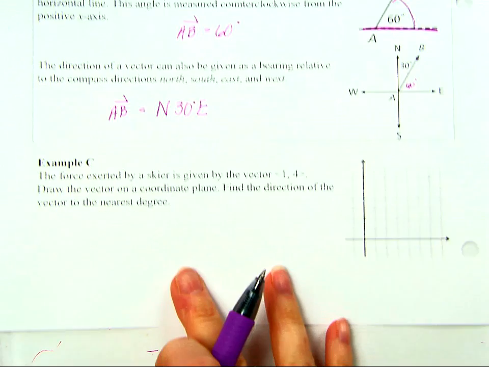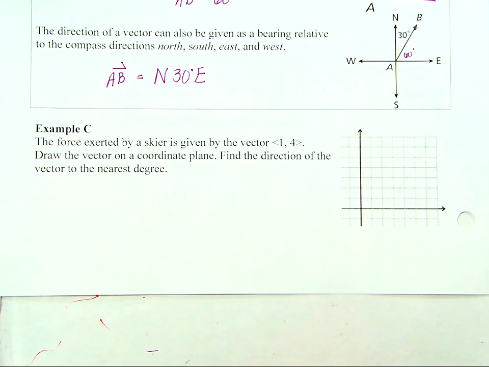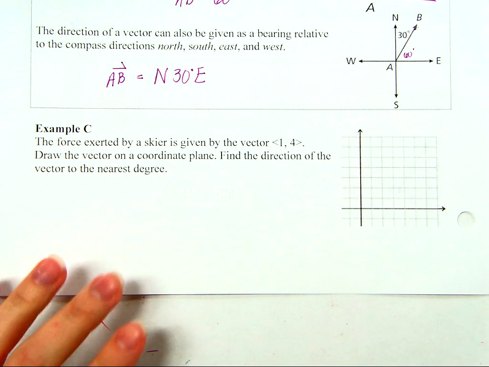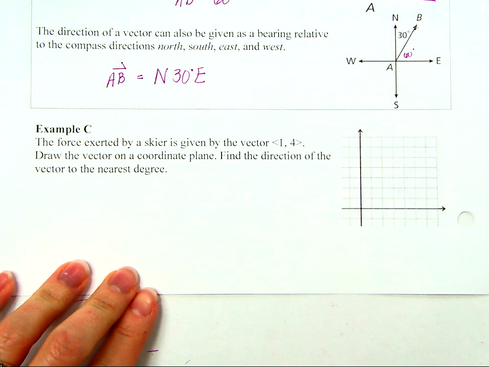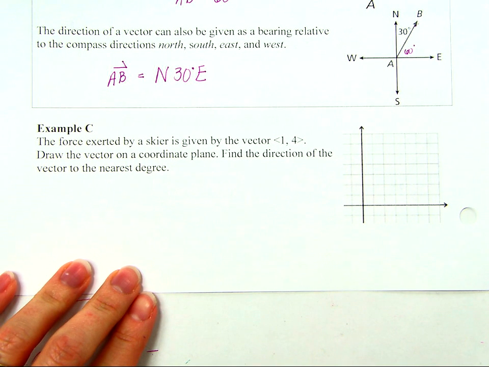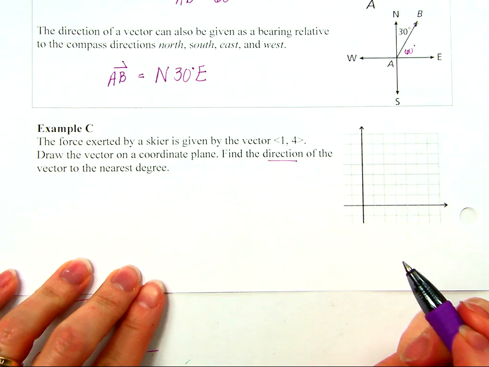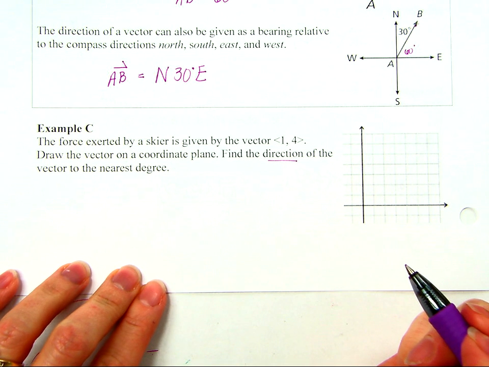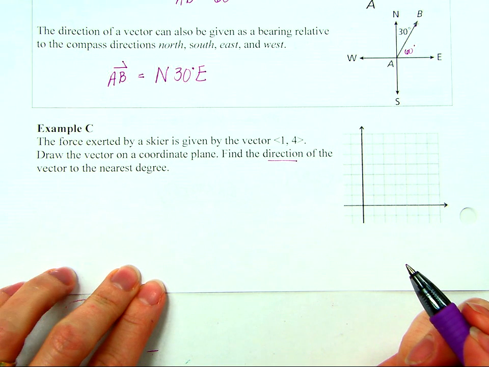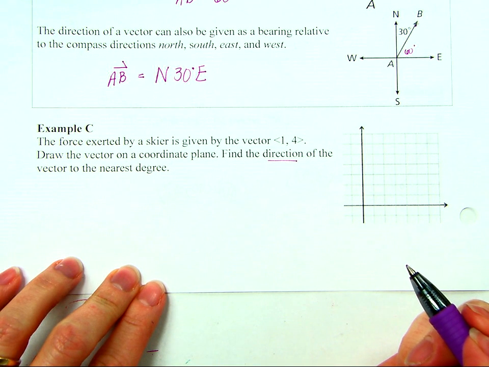Let's take a look at example C. The force exerted by a skier is given by the vector (1, 4). Draw the vector on the coordinate plane and find the direction of the vector to the nearest degree. So let's start by using our graph. We are going to graph the vector (1, 4).